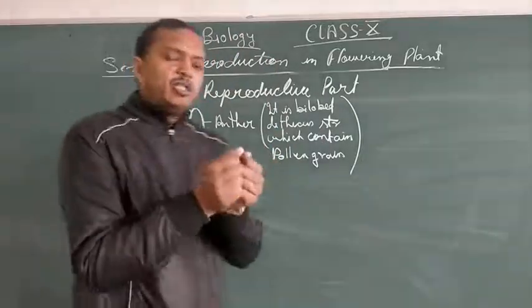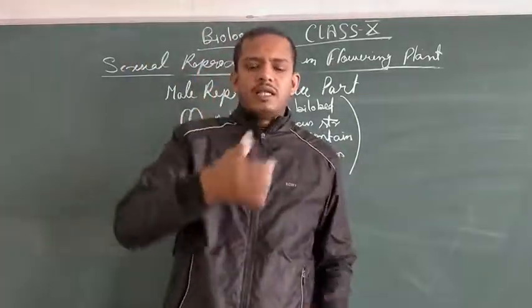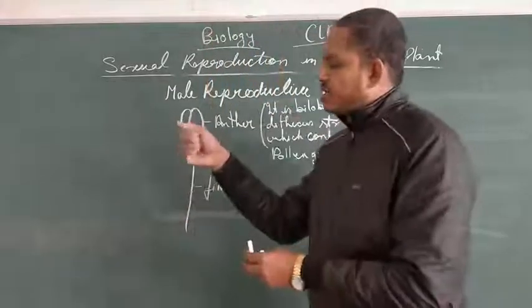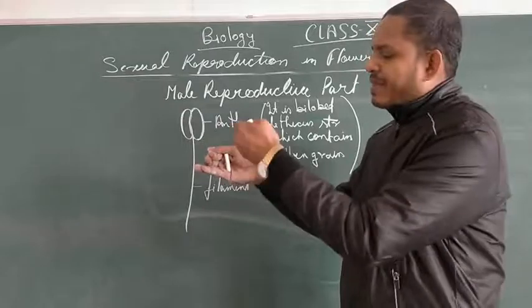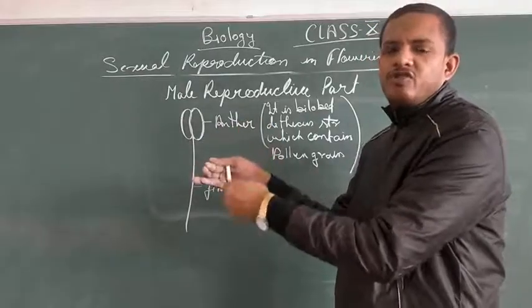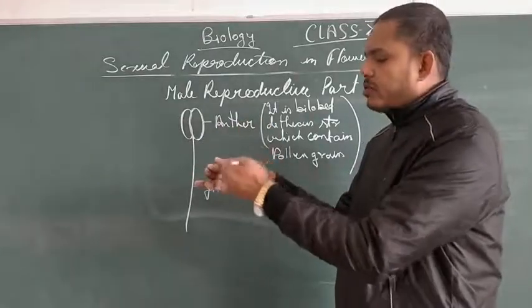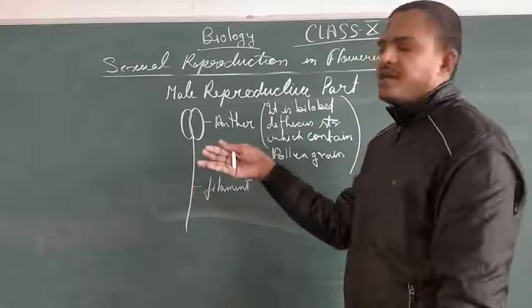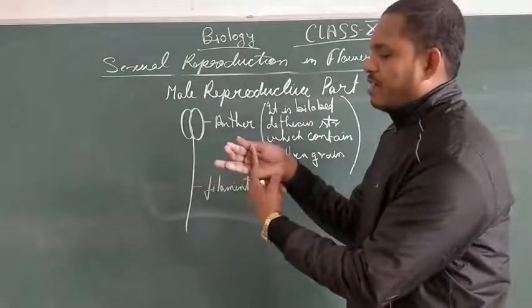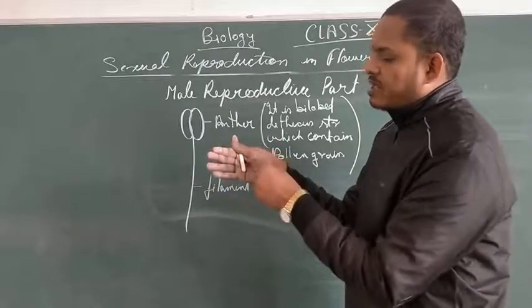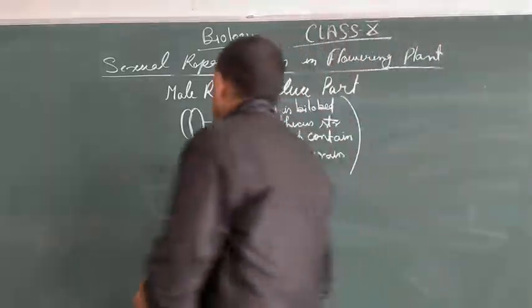Suppose this is a single lobe, inside the lobe there is a partition like this. A single thin membranous structure makes a partition in the single lobe. That is dithecous, because of the presence of the membranous structure, one portion and a second portion.